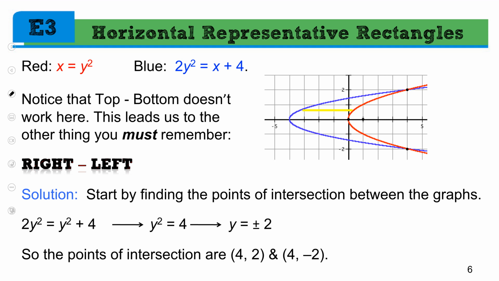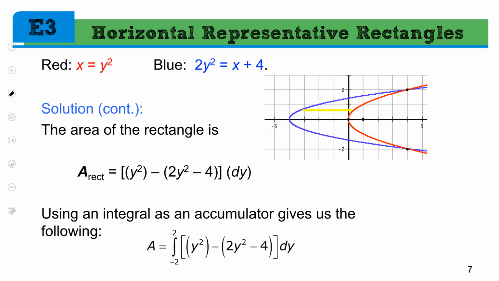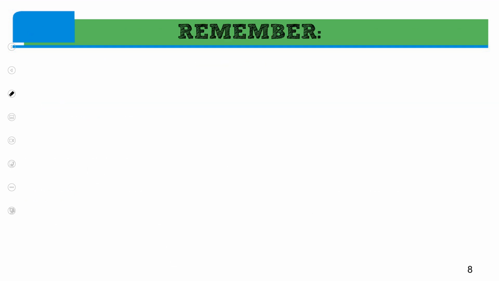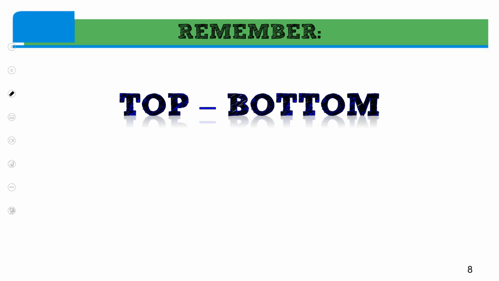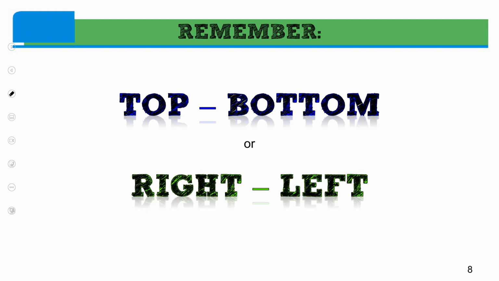Good. Okay, top minus bottom if you're working with vertical rectangles in terms of x. Right minus left if you're working with horizontal rectangles in terms of y. No other options.